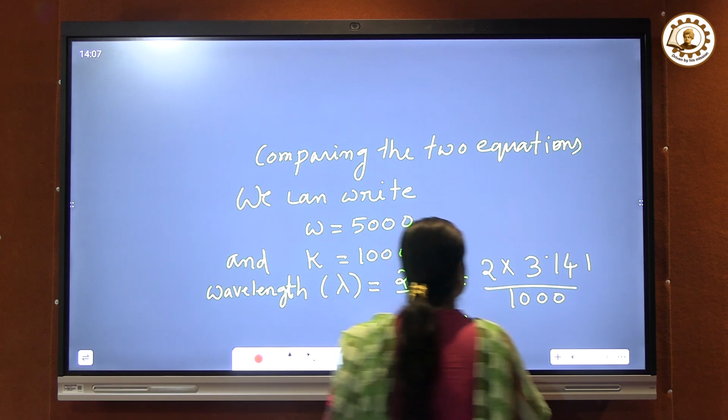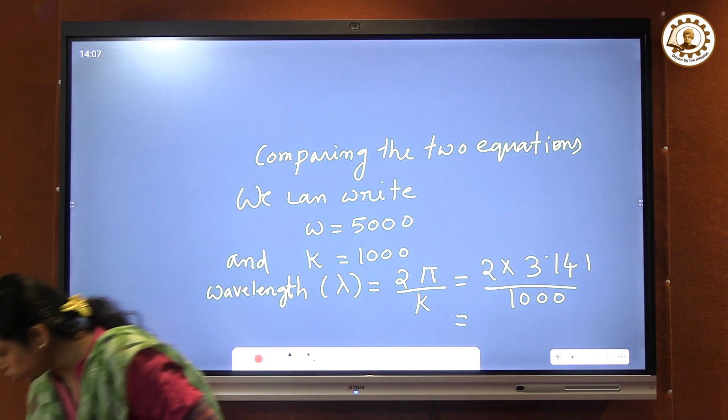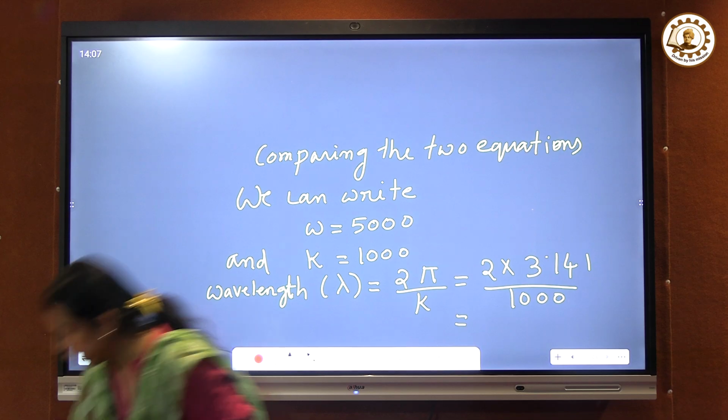If I do this calculation, I will be needing a calculator, so definitely you also use your calculator.